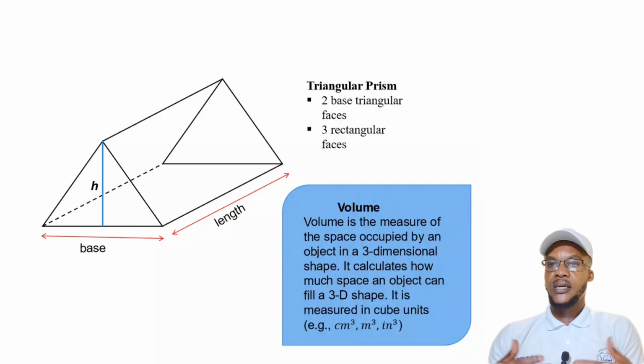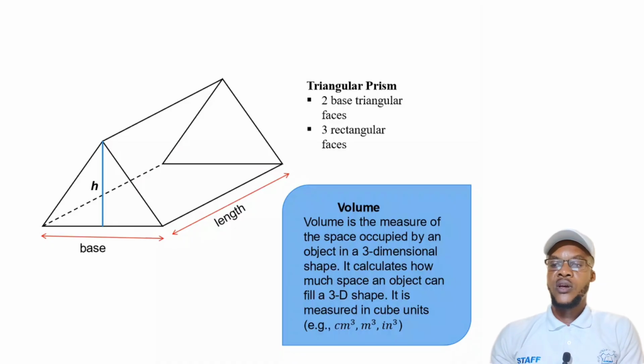But in this case, we are picking three sides, that's why we get cubic units. So when you talk of volume, we are talking about how an object can fill the space of a 3D container.